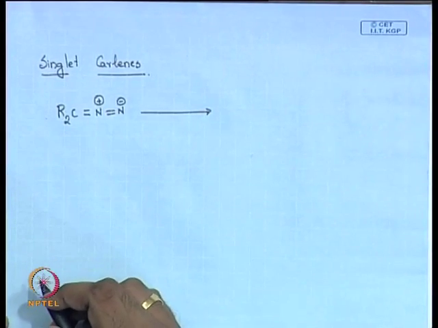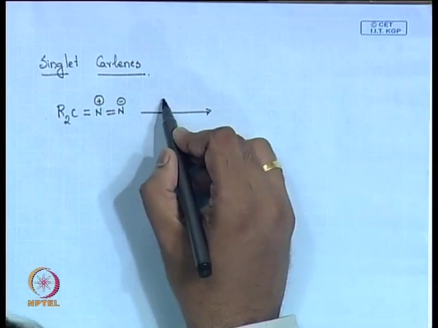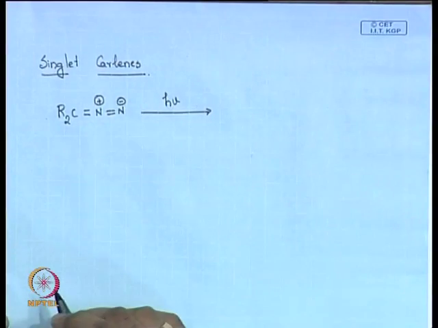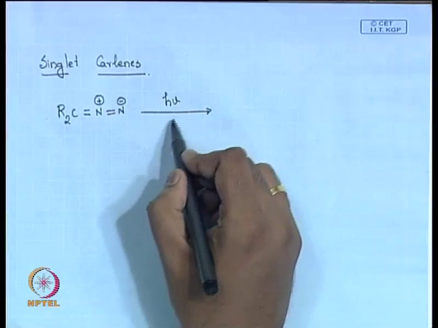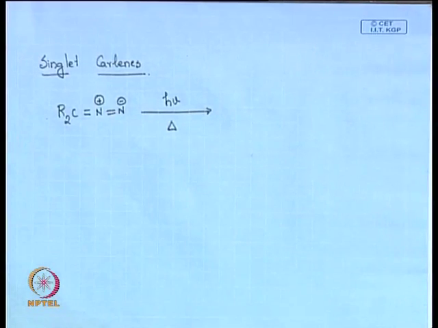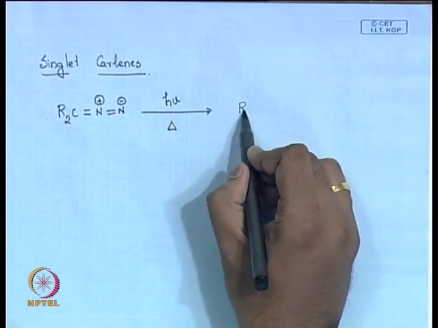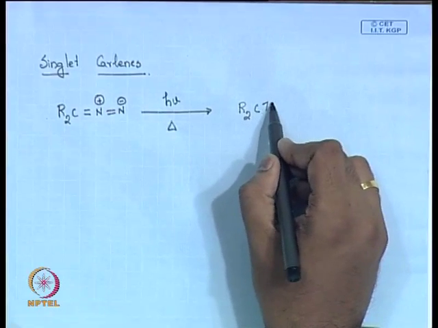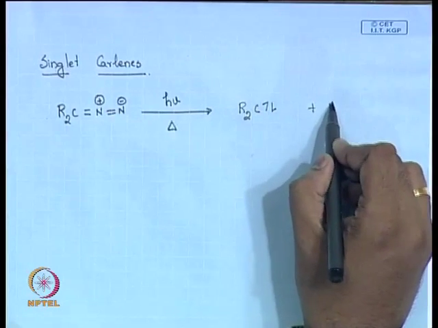Take your diazo compound, you can photolyze or you can even thermalize. If you heat also it works. So, you end up with singlet carbene plus nitrogen.